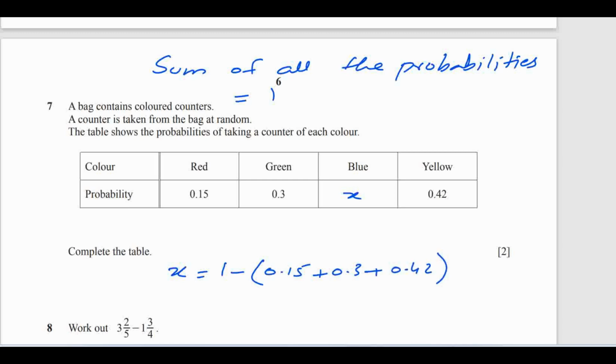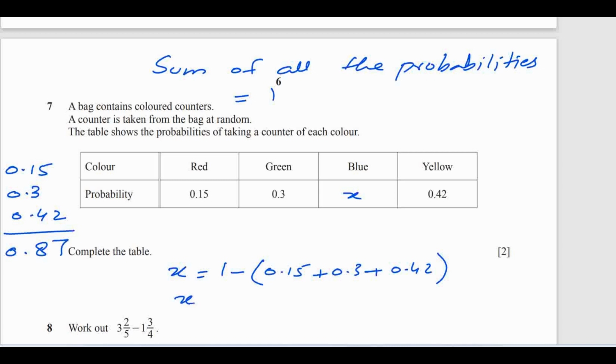As we are not allowed to use the calculator, we have to show our working over here. So 0.15, 0.3, and then 0.42. Let me write this a bit more appropriately so that you don't get confused. Simply add them: 5 and 2 added is 7, and then 4, 3, 6, 7 and 8, so 0.87.